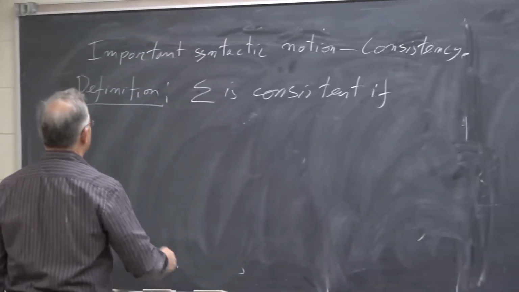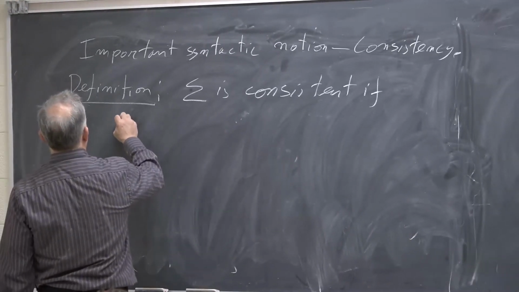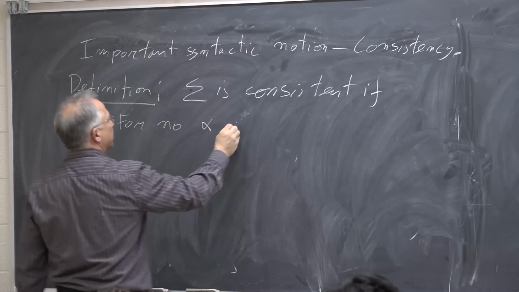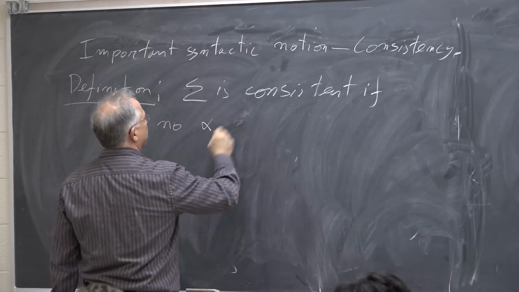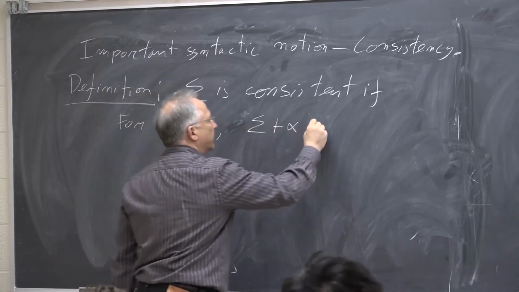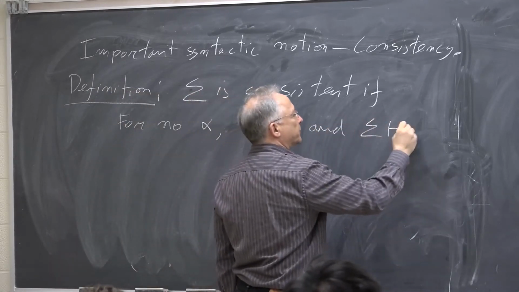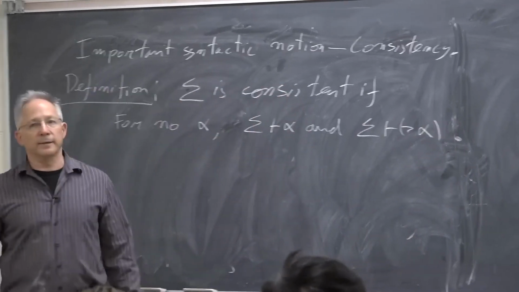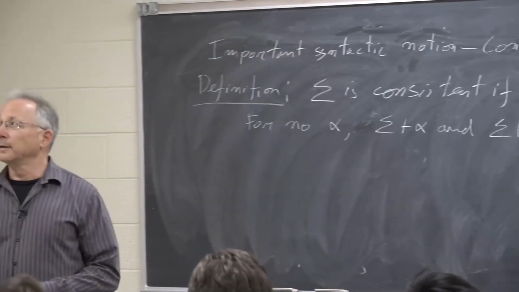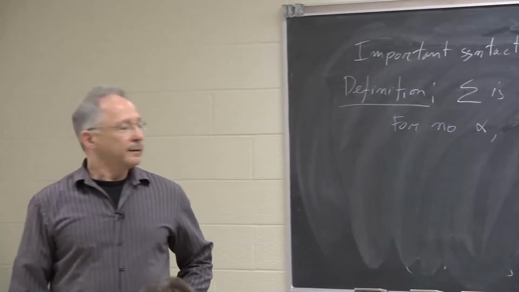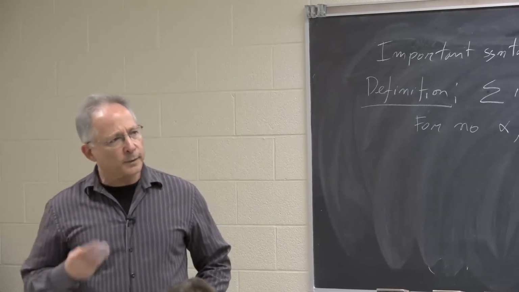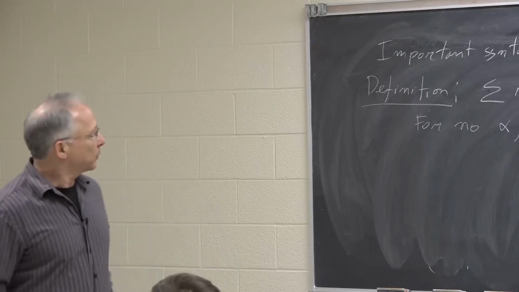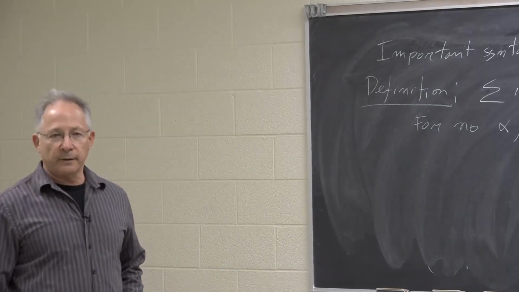So if for no alpha, sigma proves alpha, and sigma proves not alpha. It will never prove a statement and its negation. Well, it's kind of what we expect. Something is consistent if it doesn't imply a conclusion and the opposite of the conclusion, right?